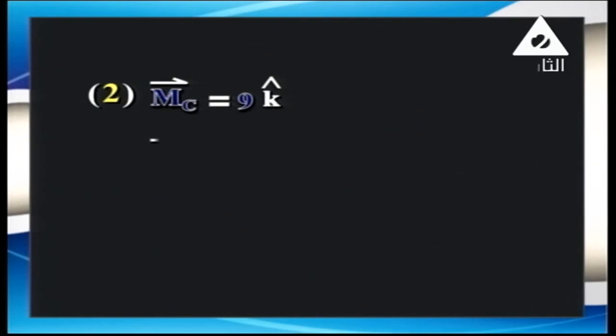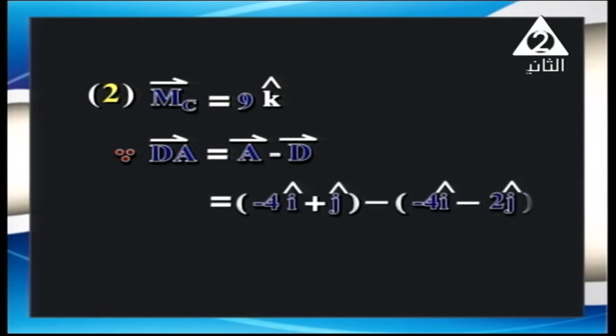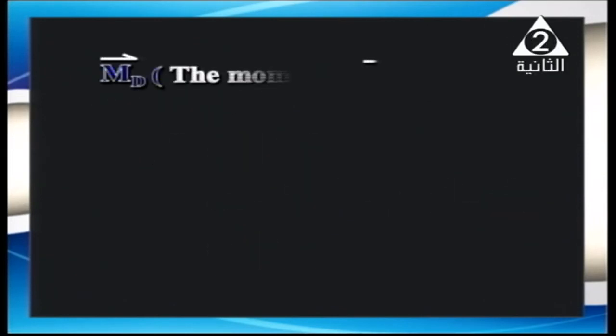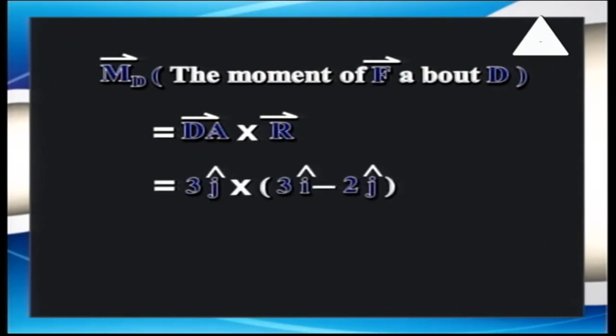Since DA vector equals A vector minus D vector, negative 4I vector plus J vector minus negative 4I vector negative 2J vector equals 3J vector. Then the moment of F about D equals DA cross the resultant of the force, which equals 3J cross 3I minus 2J, equals negative 9K.